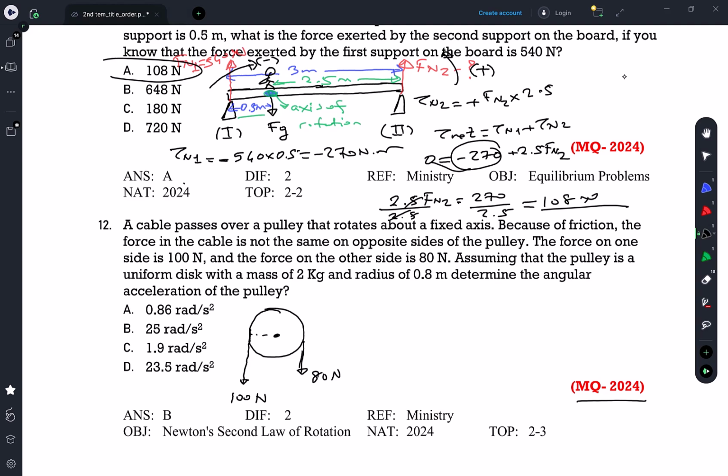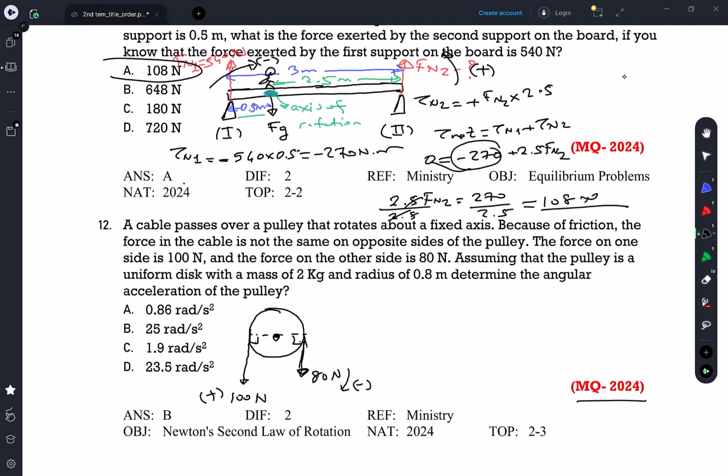So this force will be acting on this disc perpendicular to the radius, perpendicular to the axis of the distance. So each of them produces a torque. 80 Newton produces a clockwise torque, 100 Newton produces a counterclockwise torque. So I will calculate the torques, and after that, I'm going to find the net torque. After that, I will apply Newton's second law for rotational motion for calculating alpha.